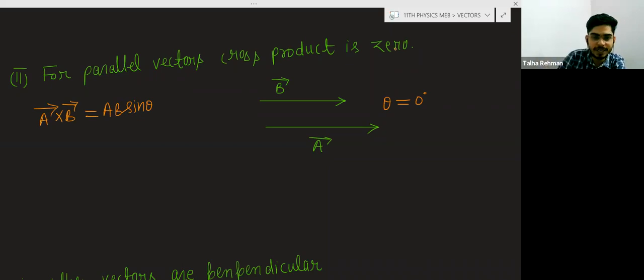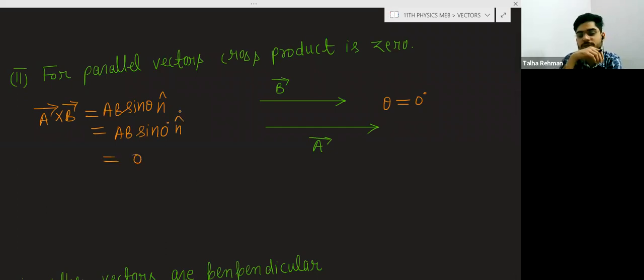You can write n cap also, but we are just discussing the magnitude. So it will become AB sine 0 n cap. What is the value of sine 0? 0. So this will become 0.